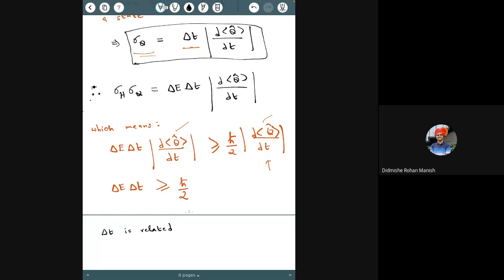Not so sure. If you worked it out the other way, like if you knew what delta E was, you would be able to figure out what delta T is, right? No, ma'am, only the bound, right? We'll only get a bound. Yes, this is an inequality, not an equality. But whenever you use an inequality, you always use the equality, right? You don't really use the inequality.